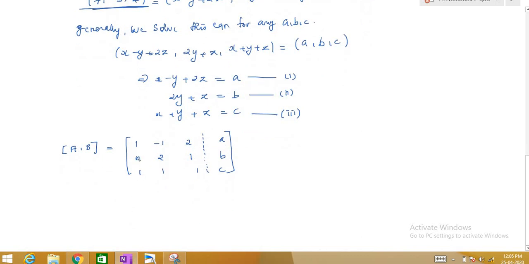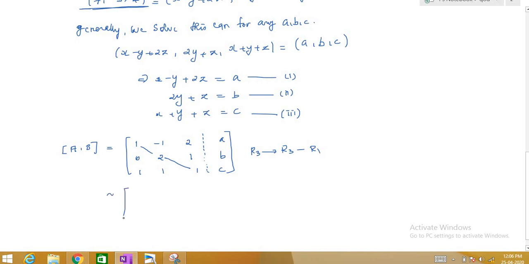You can see there is already a 0 here, so we have to make the remaining elements 0. For this, I'll do R3 equals R3 minus R1.